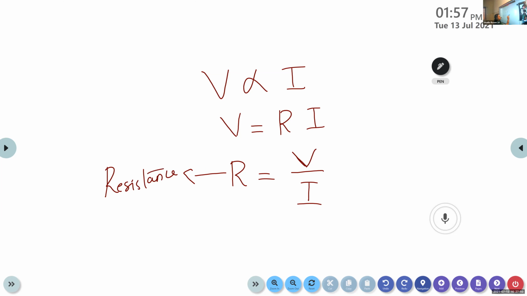What is V? Voltage. And what is I? Current. Here R is the resistance, V is voltage, and I is the current.